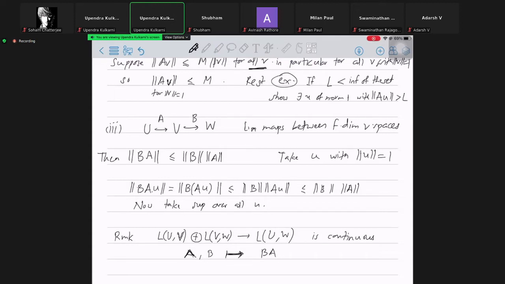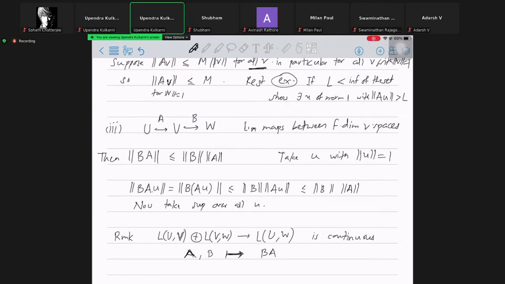So identify these spaces with matrices. If the dimensions of U, V, and W are, let's say, K, L, and M, then I have a map from what dimensional vector space to what dimensional vector space? Okay, is this difficult? I hope not. What is the dimension of LUV? It's K times L, the product of those two dimensions.